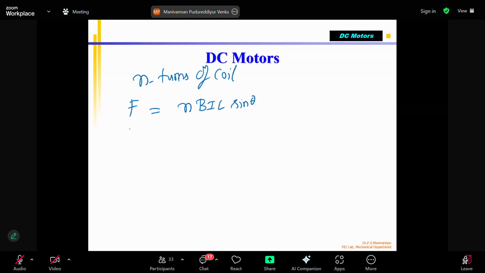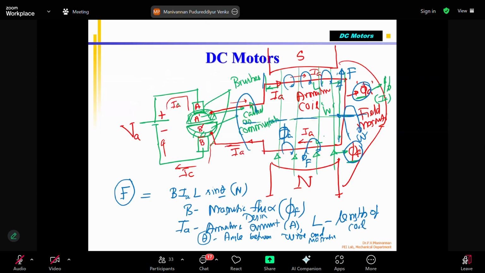Now, the torque produced in this one, because of the rotating force, is produced because of the repulsive force, because that armature is allowed to rotate, as it is on a bearing. So the torque T is, we know, B I L into W by 2, because you can see that the coil has a top portion and also a bottom portion.